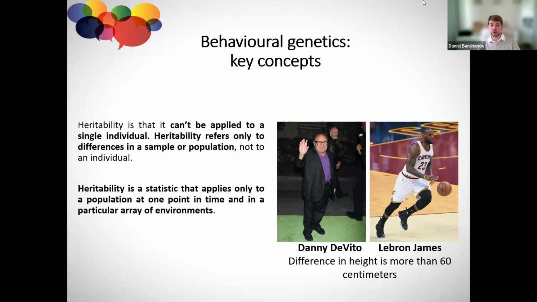Heritability is a statistic that applies only to a population, so big groups of people, and only at one point of time and environment. The thing is that the genetic pool of people is different.